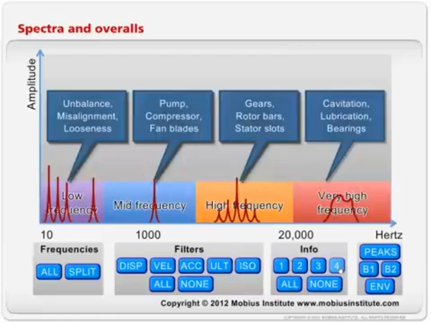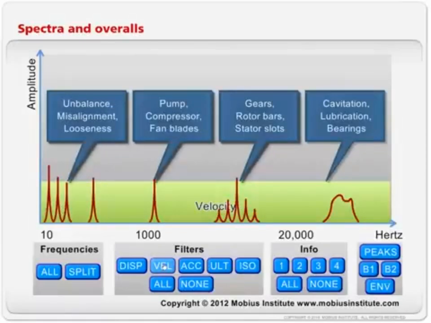Now there is a way just to get started with vibration analysis that, rather than using the more sophisticated spectrum, we can just take this velocity overall level vibration. Without going into any detail of what's going wrong with the machine, we can just talk about the actual vibration amplitude.